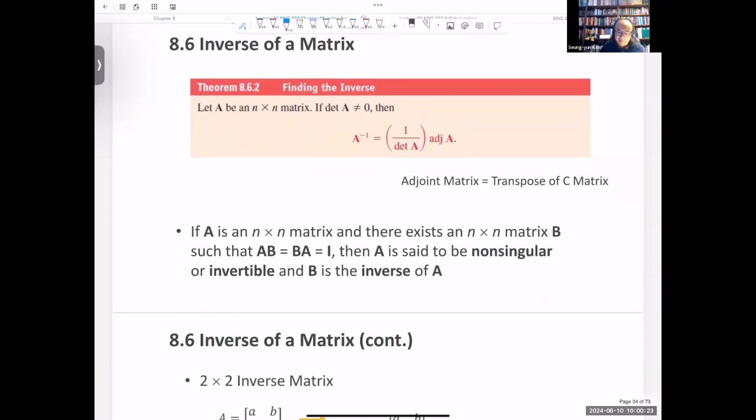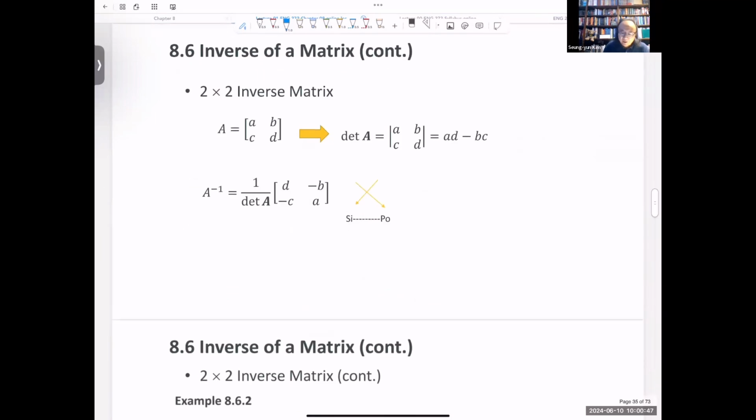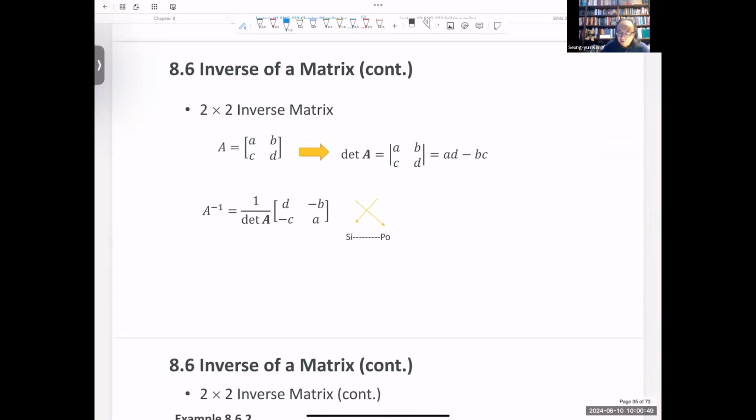The inverse matrix, for an n by n square matrix, like 2 by 2 or 3 by 3, needs 1 over the determinant, whatever we just worked on in the previous section, times the adjoint matrix. We already talked about the determinant AD minus BC, so we need to do the determinant calculation first, and then 1 over the determinant.